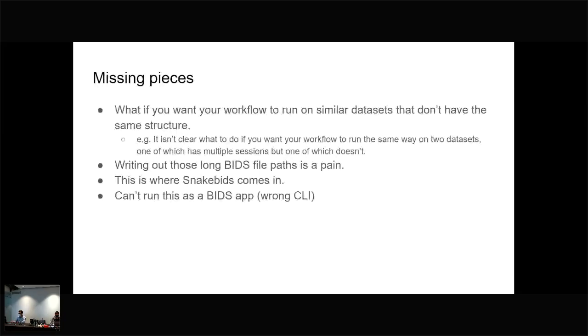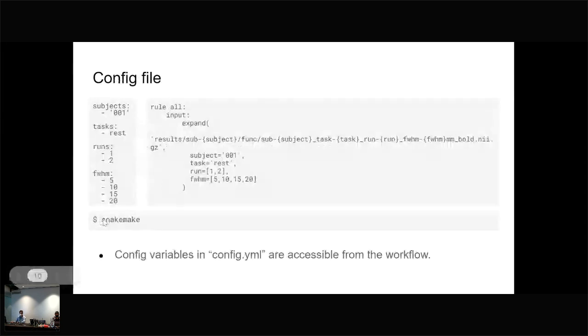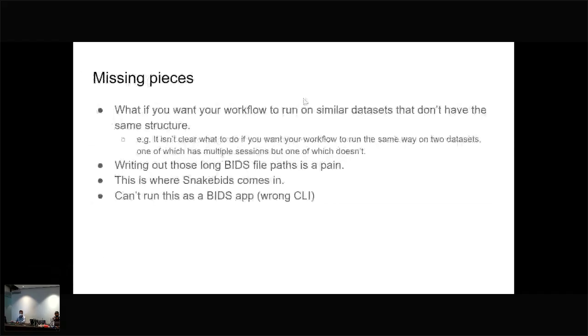Because all of our Snakemake invocations look like this, or just Snakemake with some output file, we're missing the proper interface. And that's all workaroundable, but in an annoying way. And so that's why we built the Snakebids extension to Snakemake to make writing these kinds of workflows in a computational neuroscience environment a little bit easier.